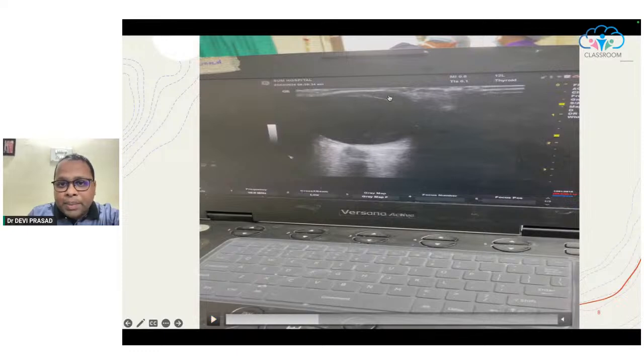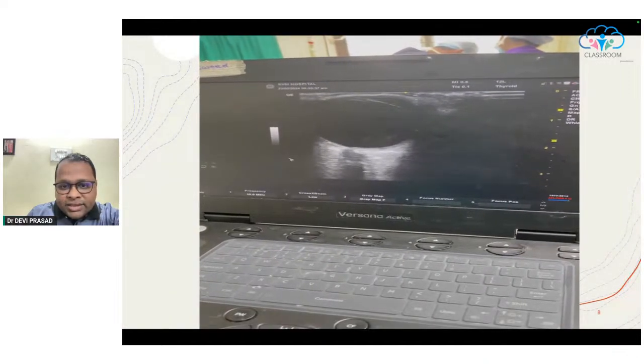The further part which we can see over here is the anterior chamber. This is the cornea, this is the lens, this is the posterior chamber in which the vitreous chamber is there, this is our retina, and this is the lamina cribrosa, this is the optic nerve.